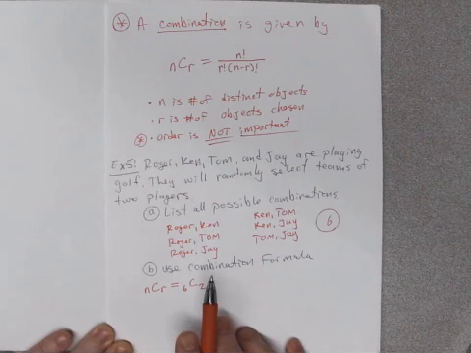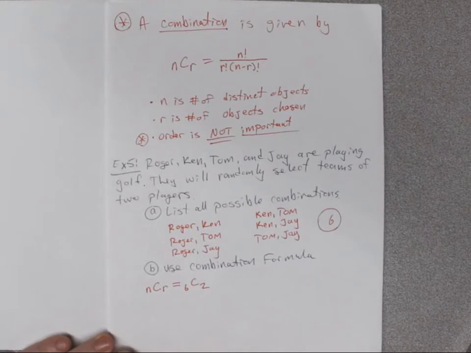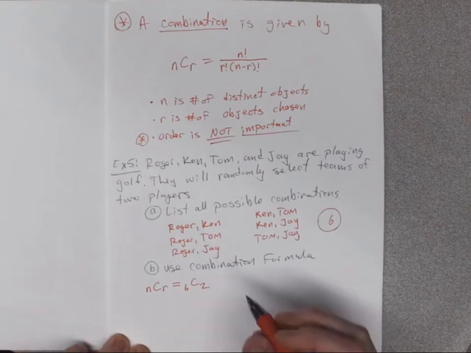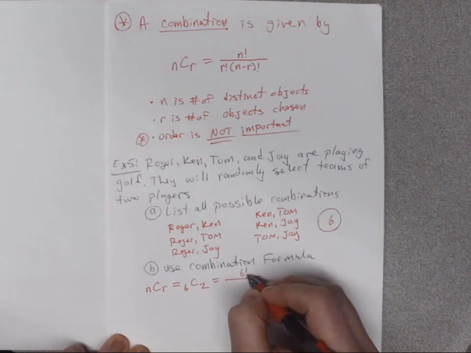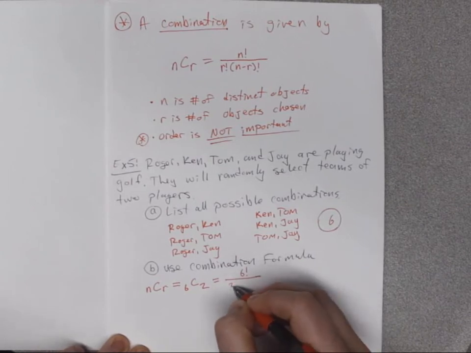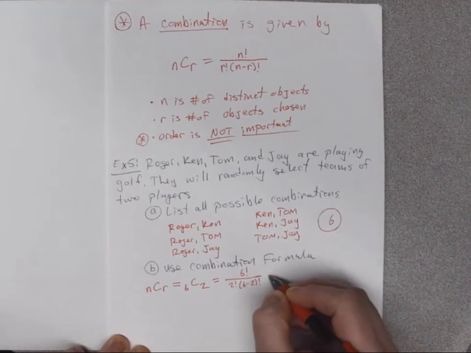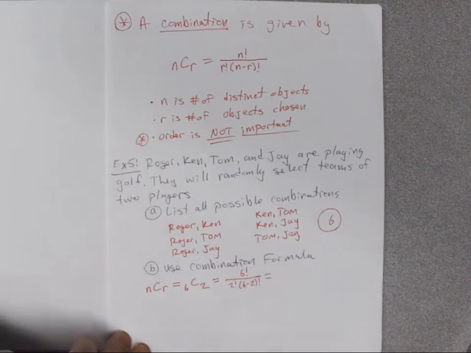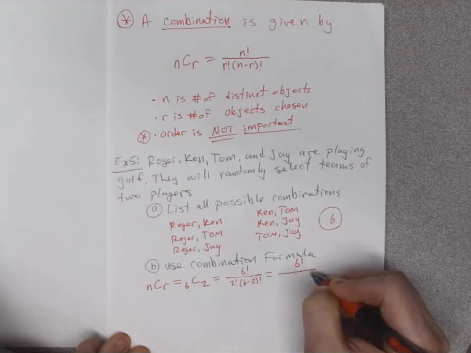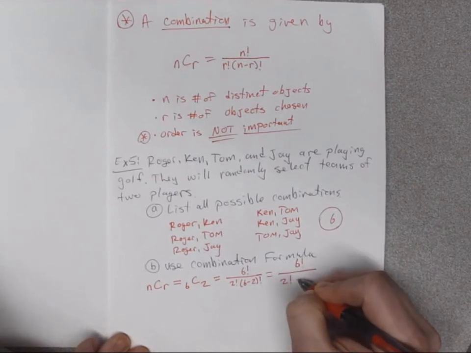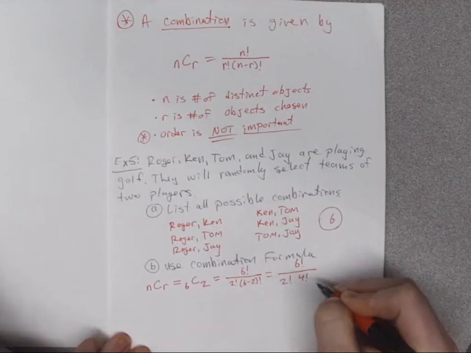And that's how you'll typically hear me say it from now on, 6 choose 2. All right? And now let's just plug this into the formula. So we have 6 factorial divided by 2 factorial, and then 6 minus 2 factorial. Simplifying here, we get 6 factorial on the top, divided by 2 factorial, times 6 minus 2 is 4 factorial.